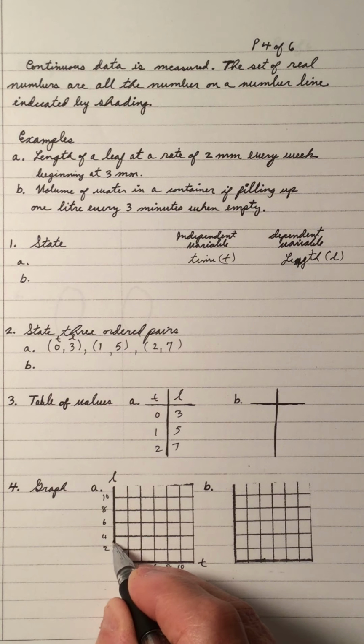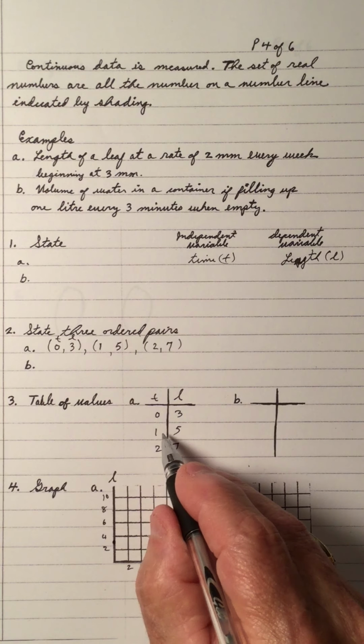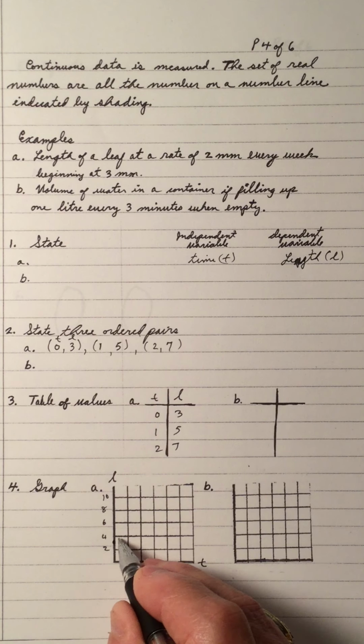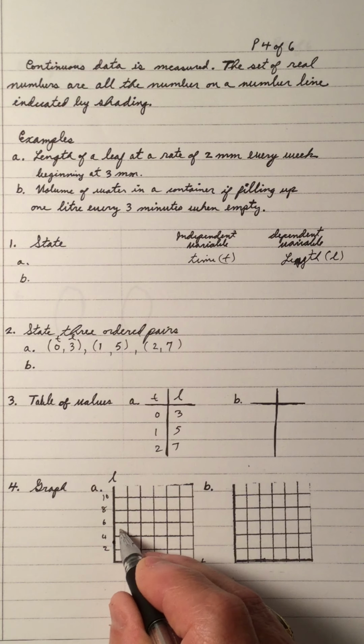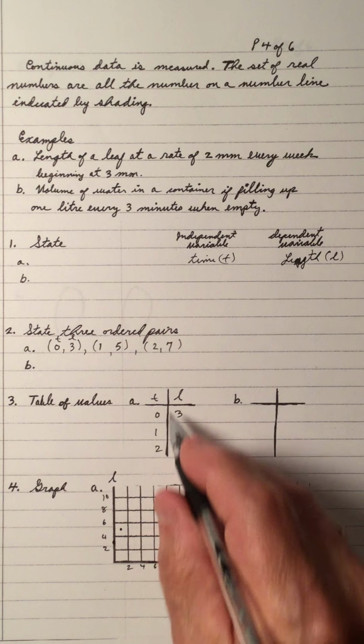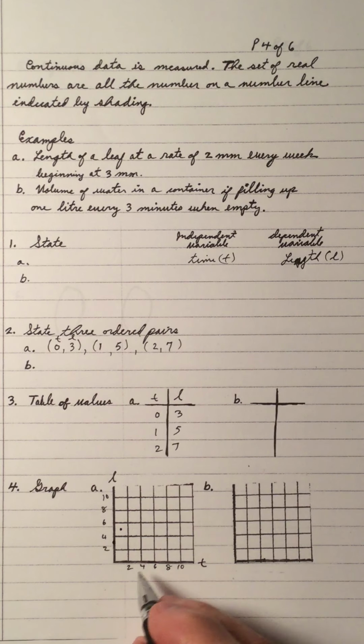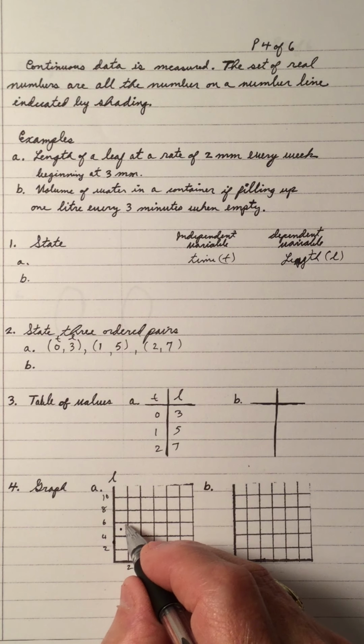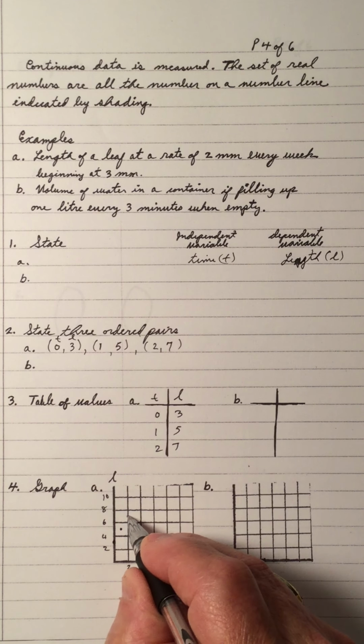There's your point. At 1, which is right in the middle, the length is 5, so 3, 4, 5 is right here, so there's the dot. And at the second week you have a 7, so that's a 6, so there's a 7.